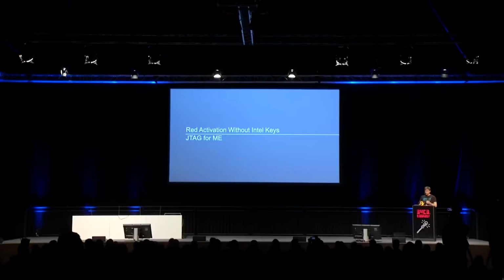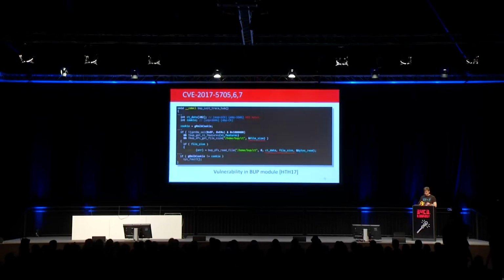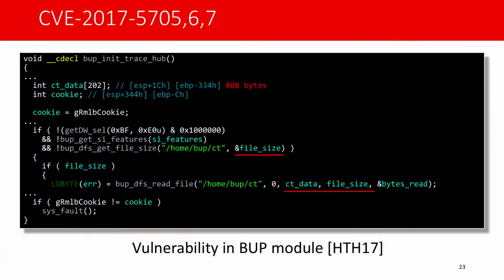And how do you activate red unlock without Intel keys? At Black Hat Europe, we disclosed a bug in the BUP module. This function, as you can see, has a vulnerability. When it calls another function reading the UTOC file, it gives an incorrect size of data to read.